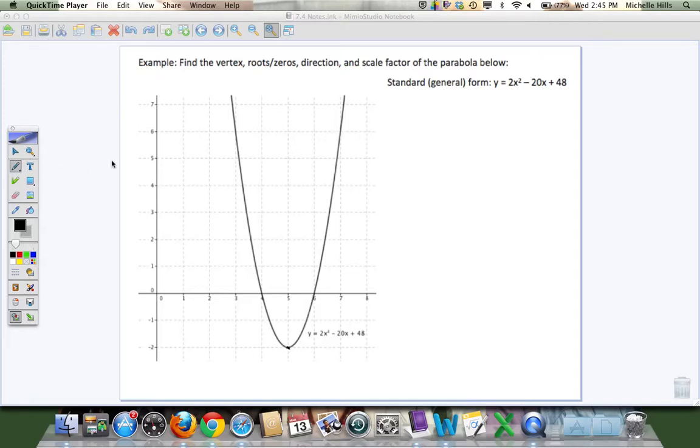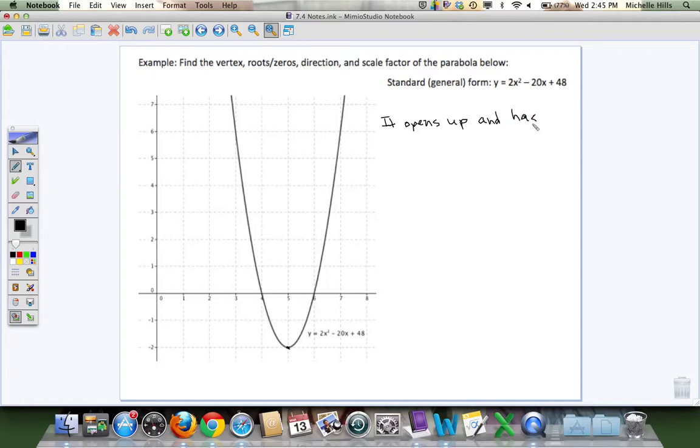So I would say it opens up and has a stretch factor of 2 because the coefficient of x squared is +2.